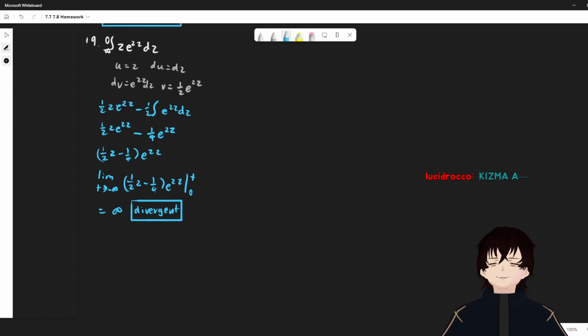Not again. Negative infinity. Wait. Is this a 2 or a z? I actually can't tell my own handwriting. It's a z. Negative infinity, from 0 to t.